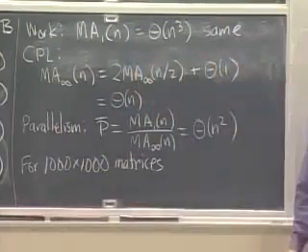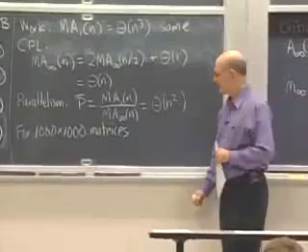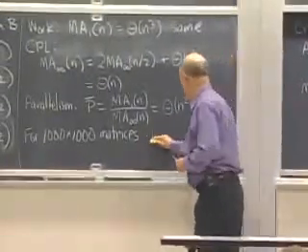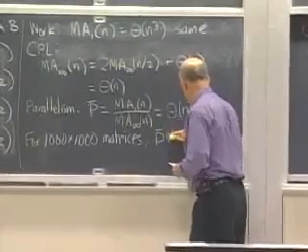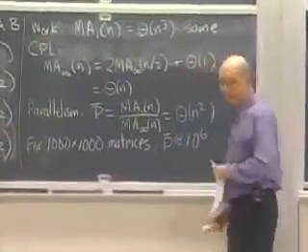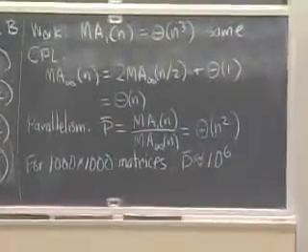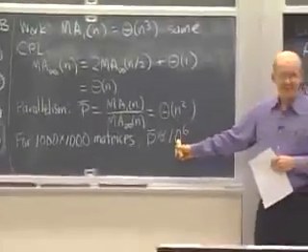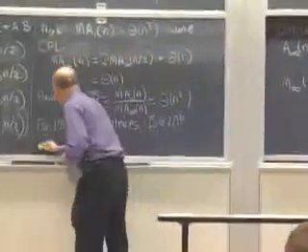Put that on your laptop, no sweat. For 1,000 by 1,000 matrices, our parallelism is about 10 to the 6th. So once again, ample parallelism for anything we would run it on today. And as it turns out, it's faster in practice.